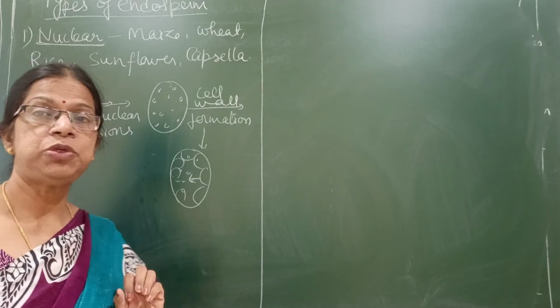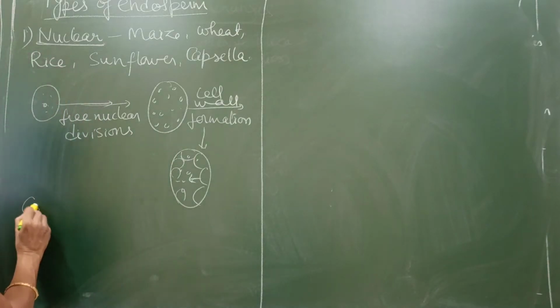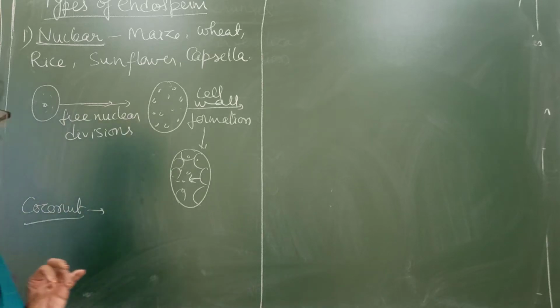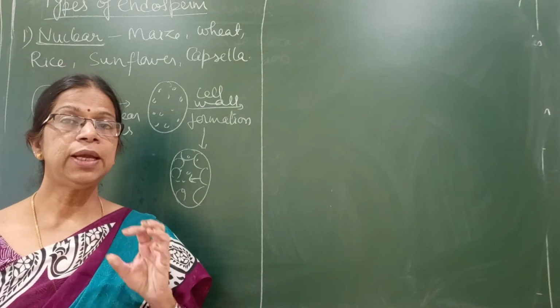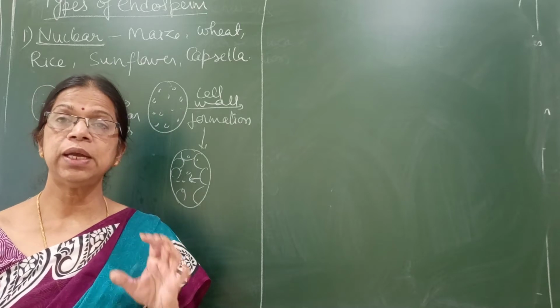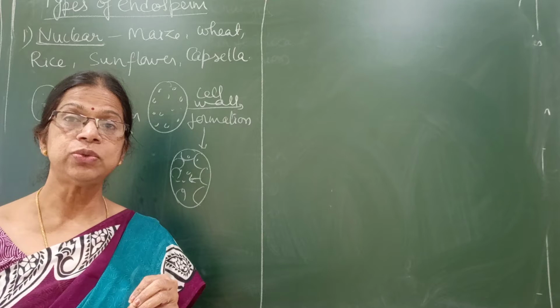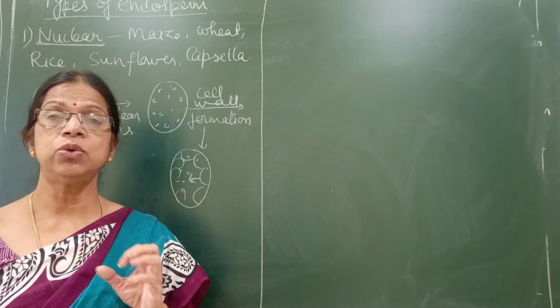There is one exception in the case of coconut. In coconut, we have coconut water and coconut meat, the white kernel which is edible. These both belong to the endosperm.